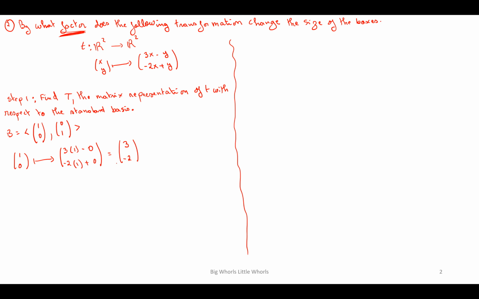Okay, so that means (0, 1) is being sent to 3 times x minus y, where y is 1, and minus 2 times 0 plus 1, which is equal to (-1, 1).